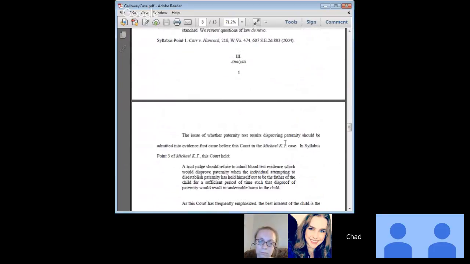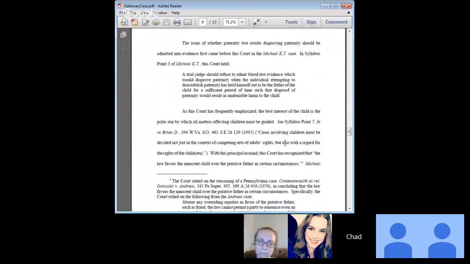Okay, I'm moving down to the analysis, and we say, when should we refuse to allow this evidence that we clearly know is going to disestablish paternity? Here's the polar star principle. And we also look at this, which I think is the polar star in a case like this. The law favors the innocent child over the putative father. Right?